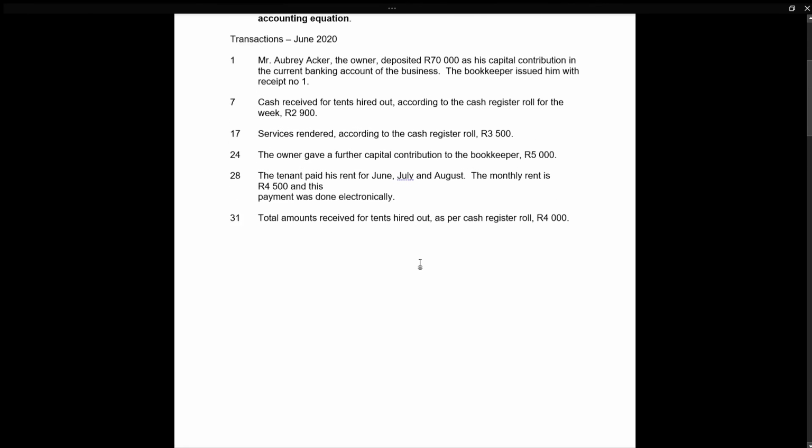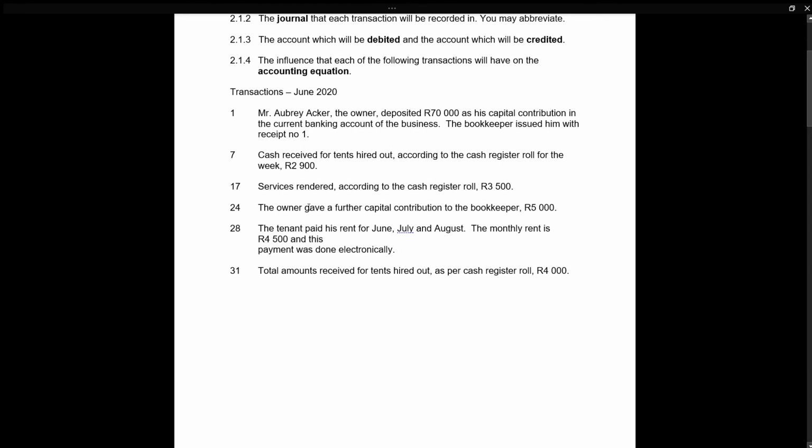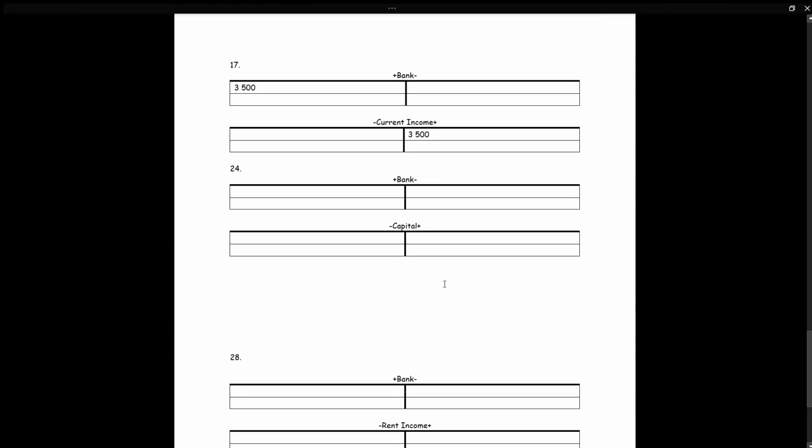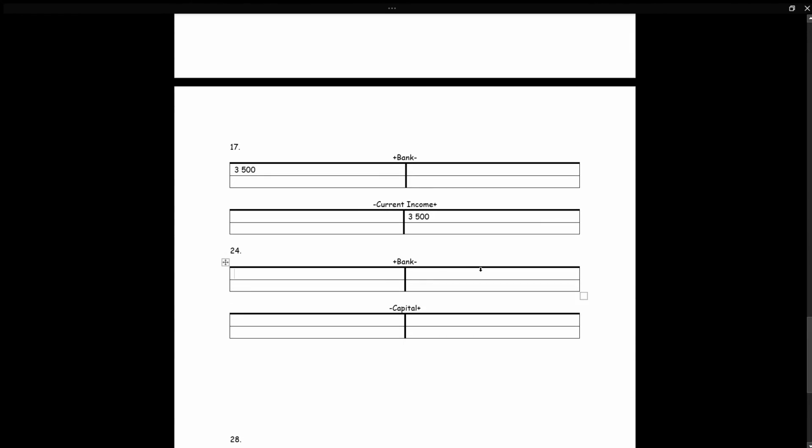Right, on the 24th, the owner gave a further capital contribution to the bookkeeper. Right, so 5,000 Rand will be bank and capital. Let's go and do the T account of this one. So my bank will increase with that 5,000 Rand.